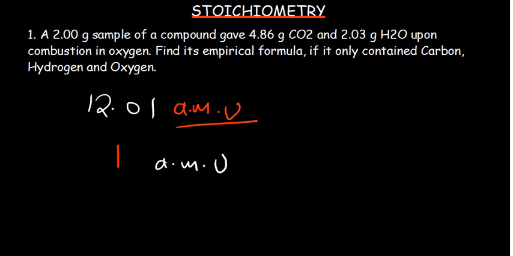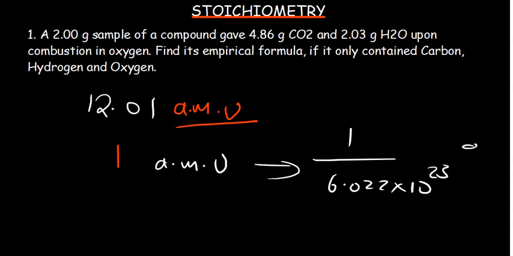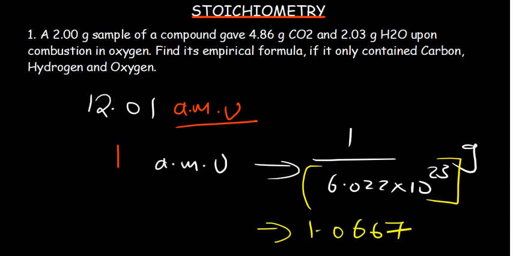It's 1 over Avogadro's constant in grams. So if you get your calculator, divide the Avogadro's constant, in brackets, into 1, you are going to get something like 1.0667 times 10 to the power, I don't know, negative 24? You can try that out.